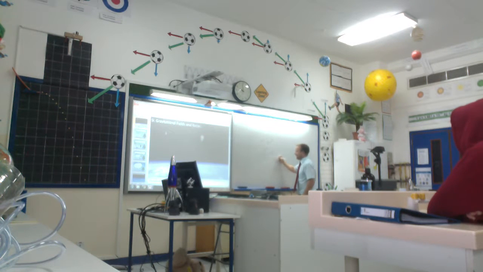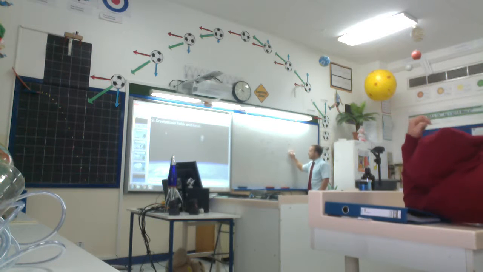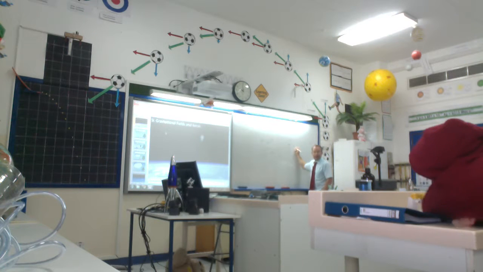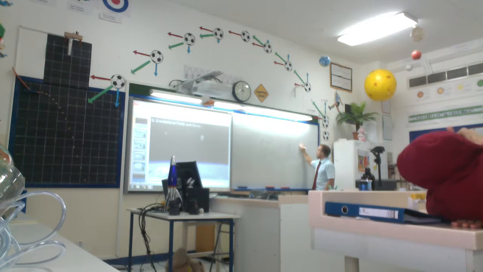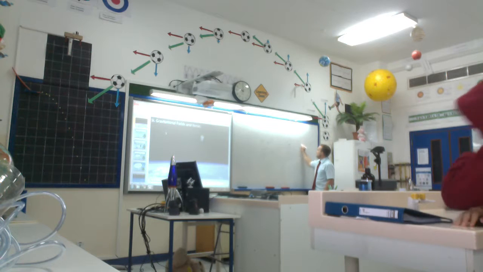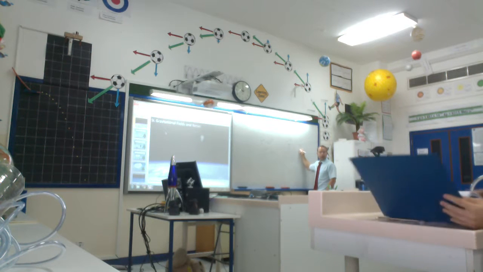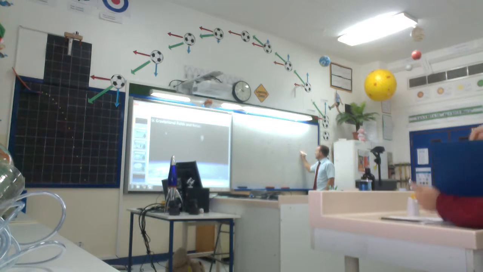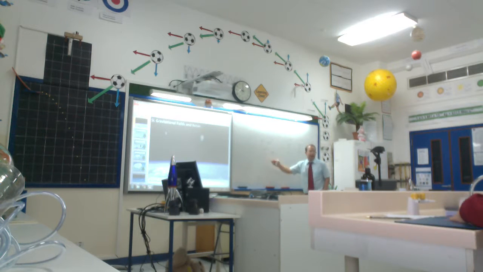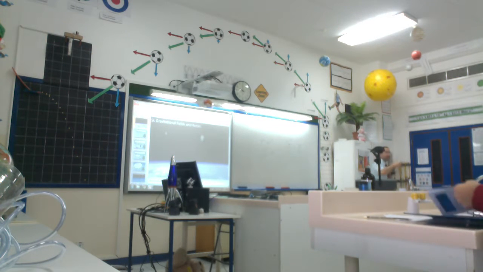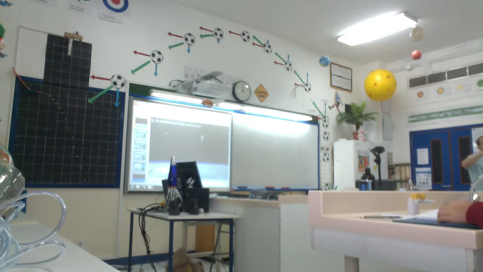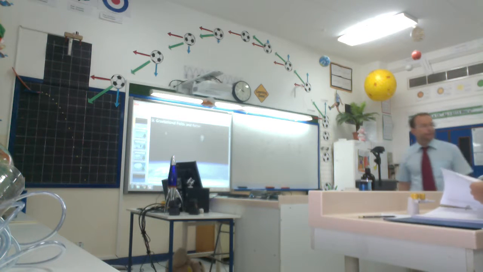So it doesn't matter if you take T1 squared over, let's say if you look at Mars, you take the orbital period of Mars, square it, and divide it by Mars's orbital radius cubed. That must give you the same answer as if you were to take the orbital period of the Earth, square it, and divide it by the orbital radius of the Earth cubed. And so the ratio T squared to R cubed is always going to be the same for any planet in a particular given solar system.